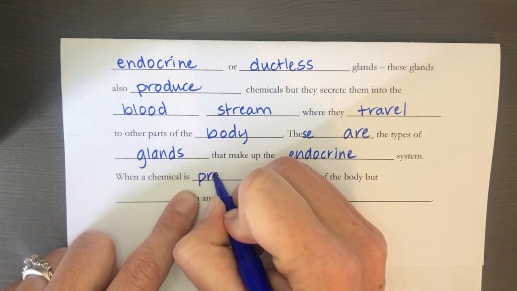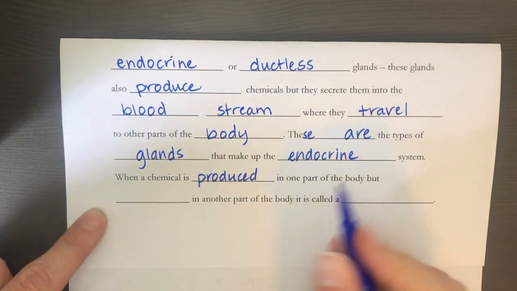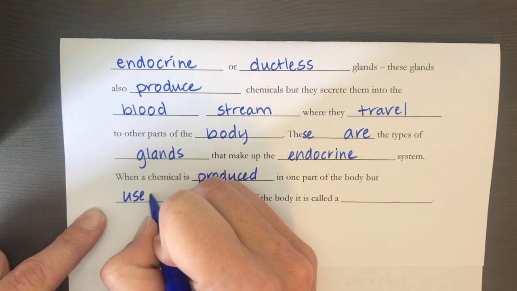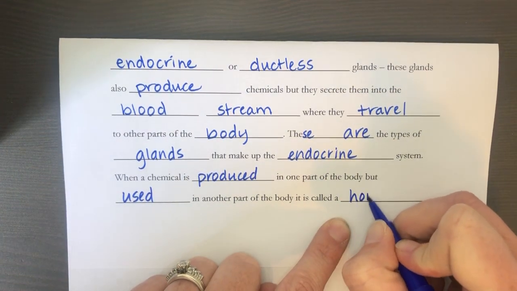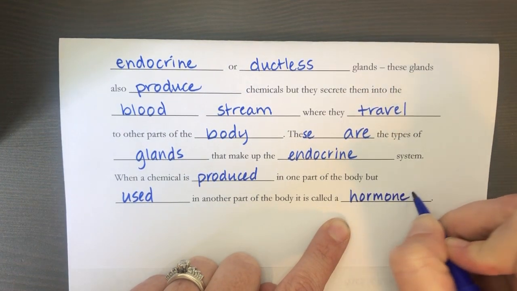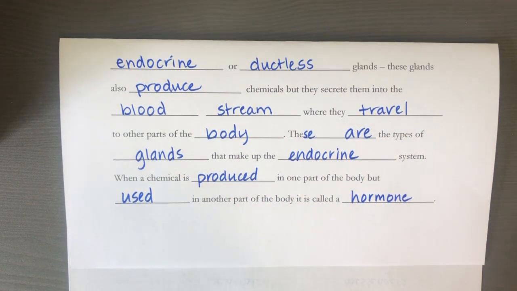When a chemical is produced in one part of the body, but it's used in another part of the body, we call that chemical a hormone. So you may hear that there are hormones in your body, and all that means is that those chemicals are being produced in one area, for example, the brain, and they're having an effect on another area, for example, your nerves.